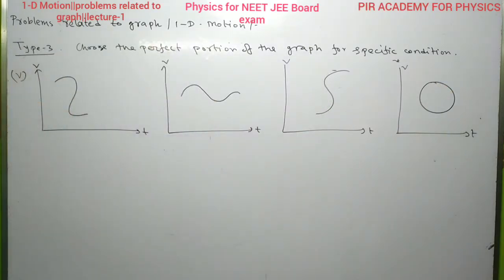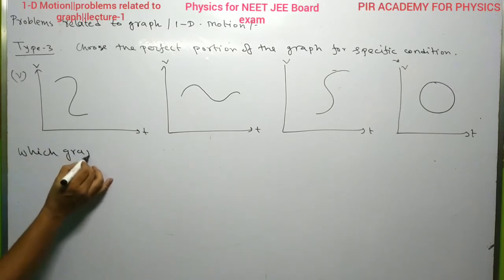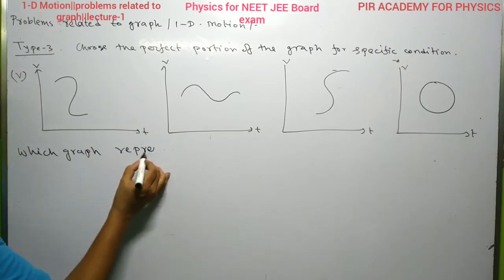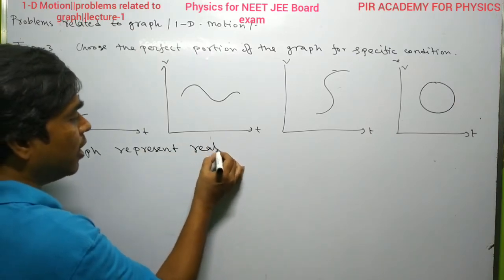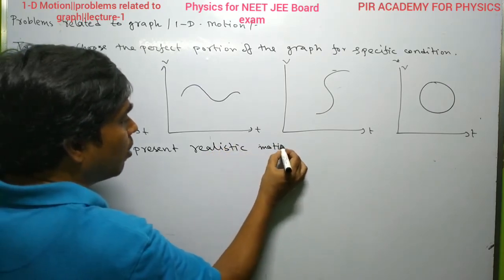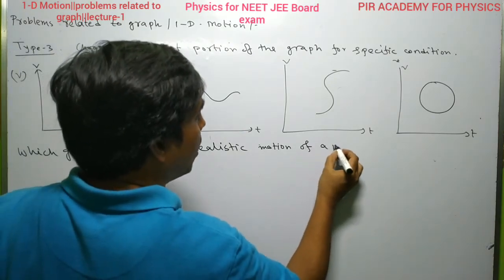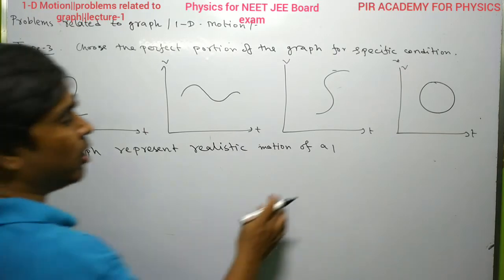You have to find out which graph represents realistic motion of a particle, of a bus or car, realistic motion of a body.